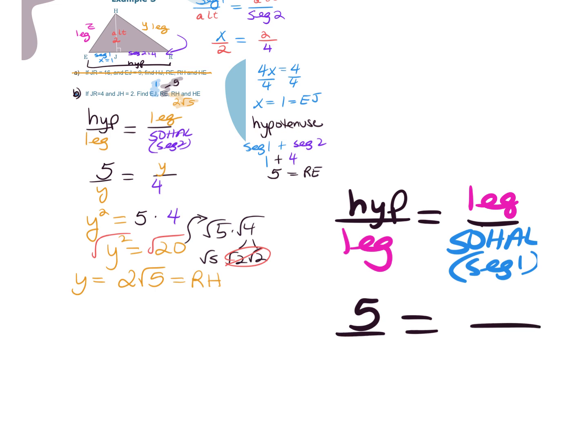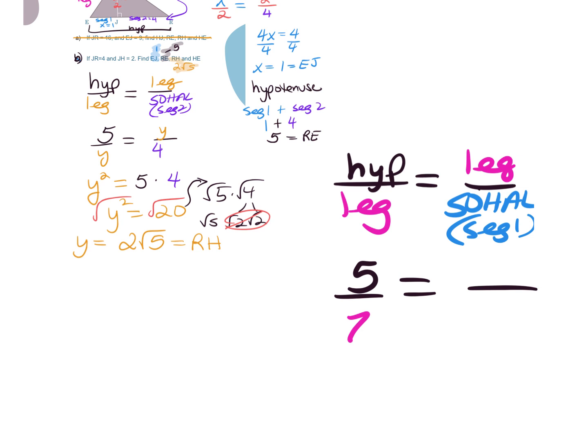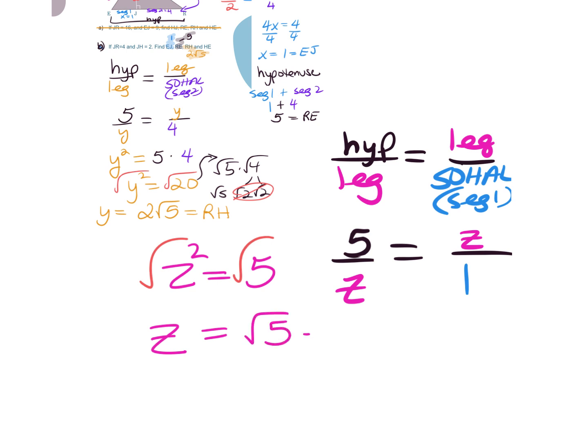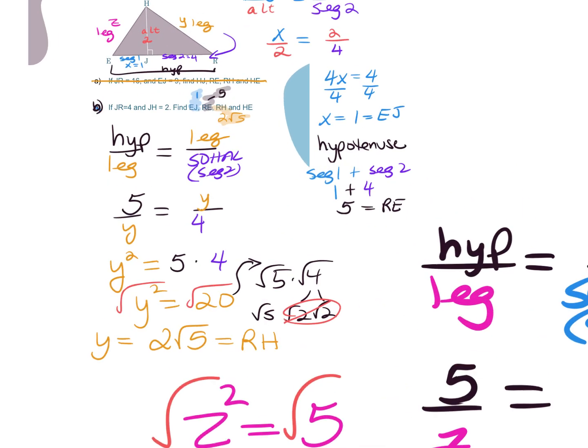I said the pink leg was going to be Z. And my SOHAL I found, which was 1. So now I'm going to cross multiply. I get Z squared equals 5 times 1. And then I got to square root it. When I square root it, I can't break anything down, so Z is equal to the square root of 5, which is the last thing, the HE. So that leg is the square root of 5.